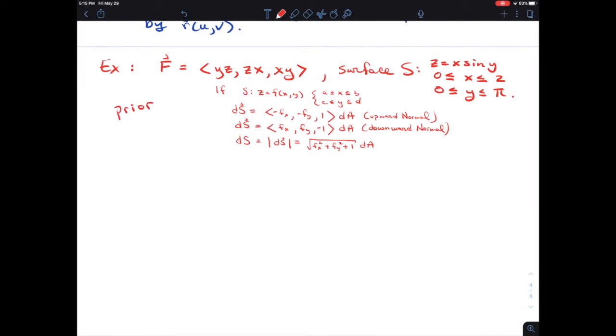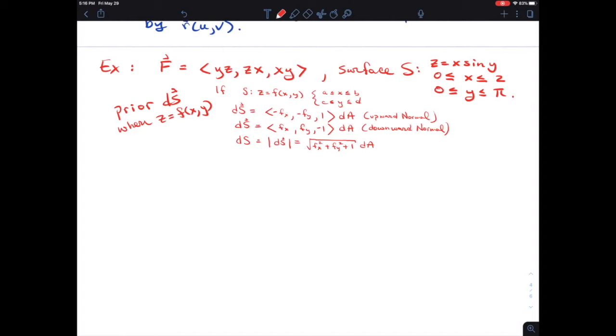So this is our prior dS when z is a function of x and y. Of course you could have x as a function of y and z, etc., and you'd have to alter the discussion here.